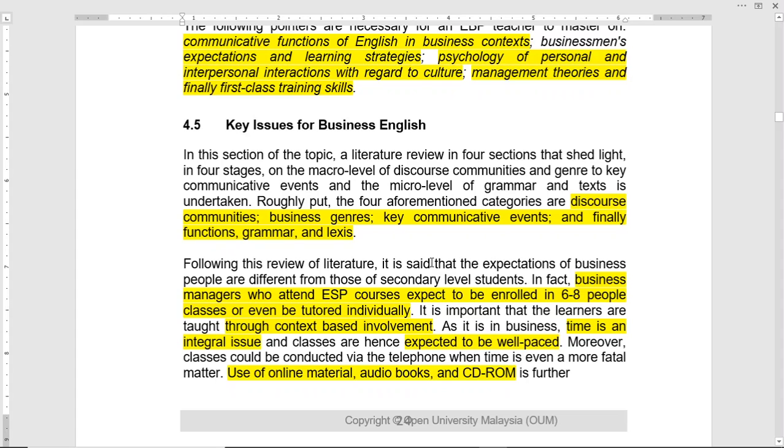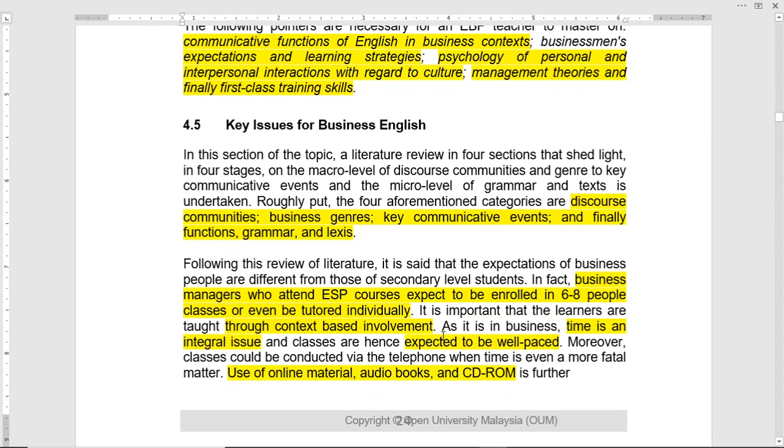Then the business genre, that is business language. Then the key communicative events, maybe a presentation, maybe a business meeting, and so forth. Then finally the functions, grammar, and the lexis, the vocabulary.